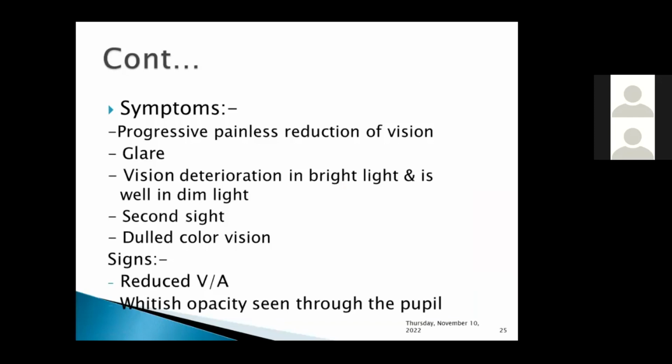So especially in patients with nuclear cataract, since the opacity is condensed at the center of the lens, when the pupil constricts, the vision gets worse. They may also complain of second sight, sometimes as double vision. They may have decreased color vision.